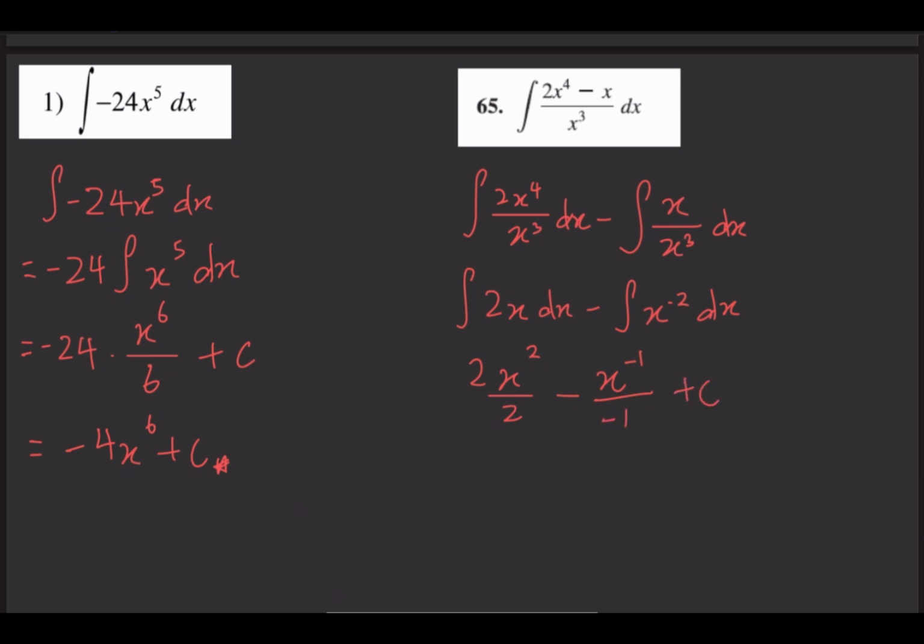Remember the plus c at the back. And then finally, once we simplify, we get x squared plus x power negative 1 plus c. Or you can also write it as x squared plus 1 over x plus c. Doesn't matter, both are correct.